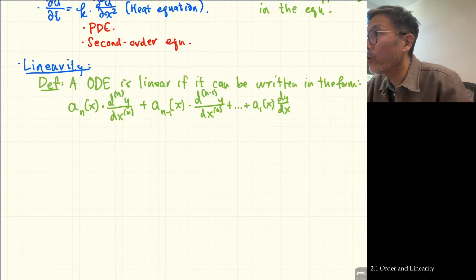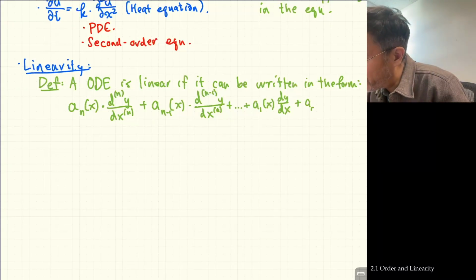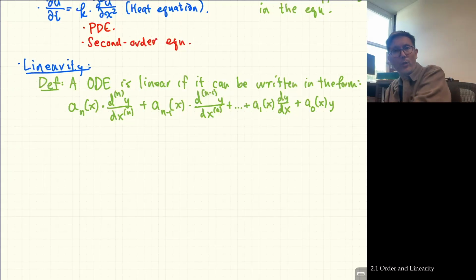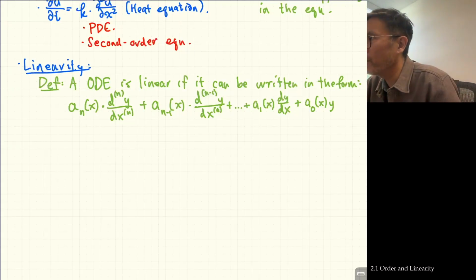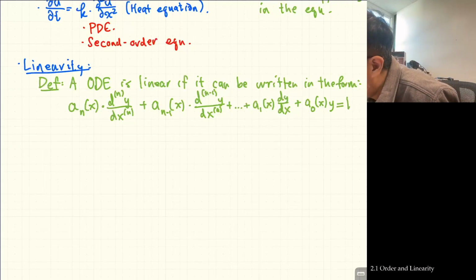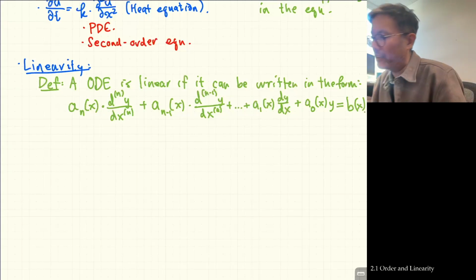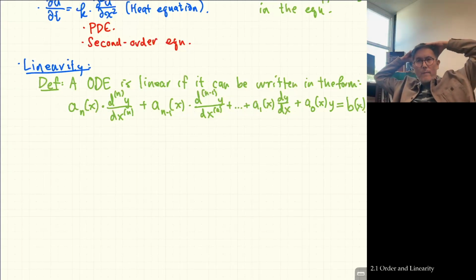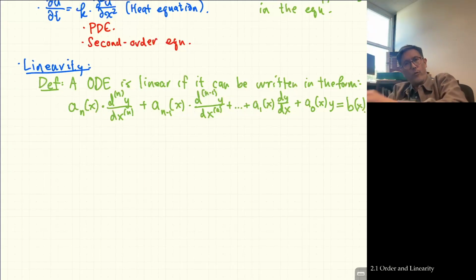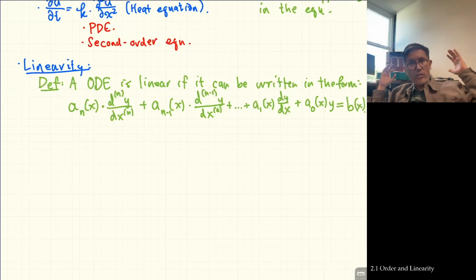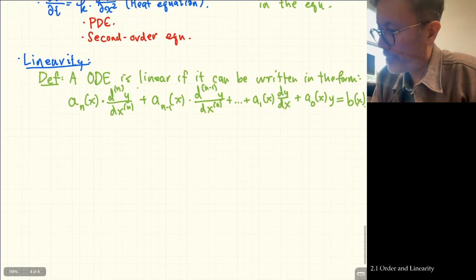And then we're going to have the order 0 term, which is a naught of x times y. That's the 0th derivative right there. I'll say all of this in just a second. And this is equal to some function b of x. Okay? This is the general form of a degree n linear ordinary differential equation.